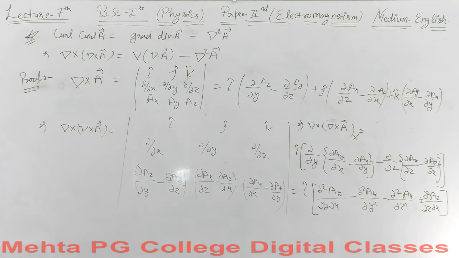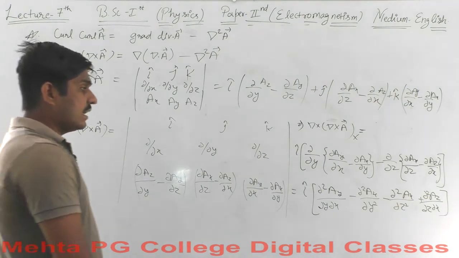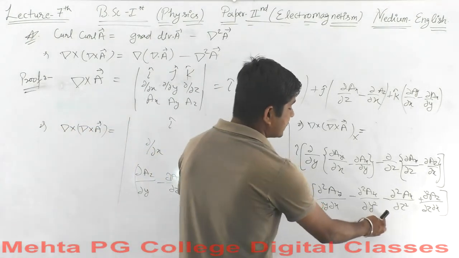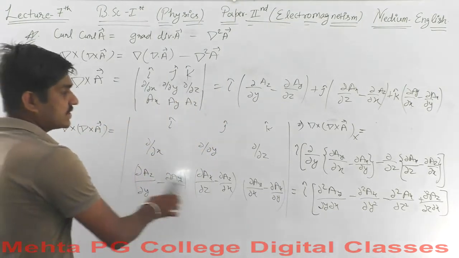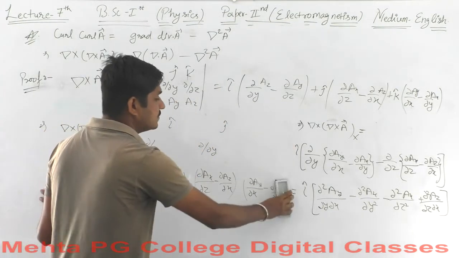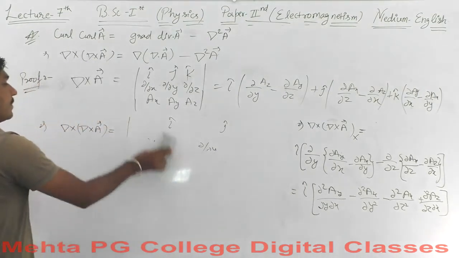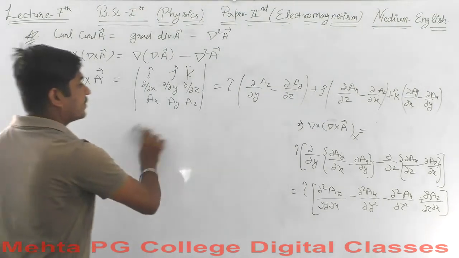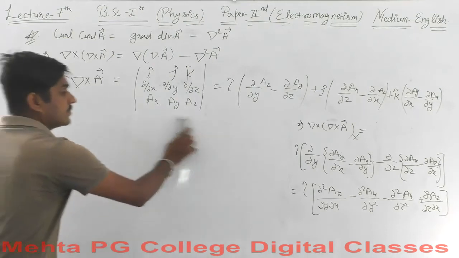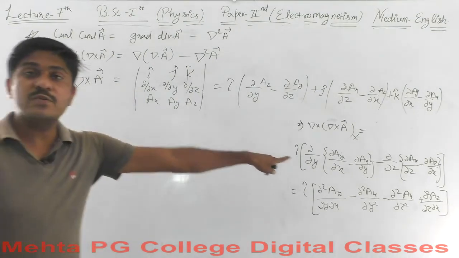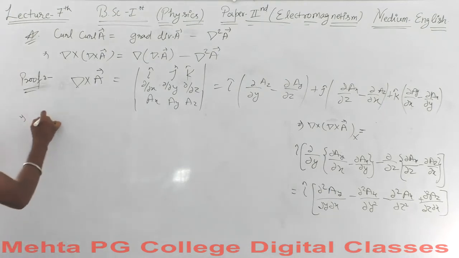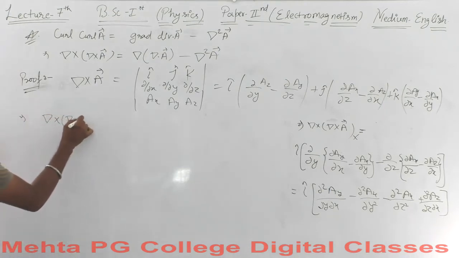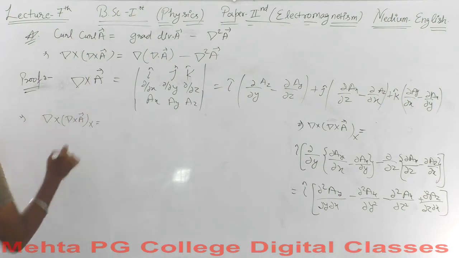So now proceeding further, we will sort out a few things, like what the values will be if we come up with these results. Let me clear this off; this has no use by now. We are finding the value for del cross A vector, the x component.